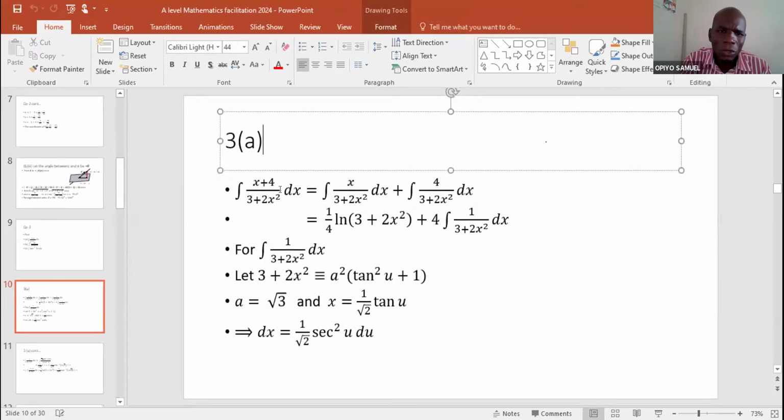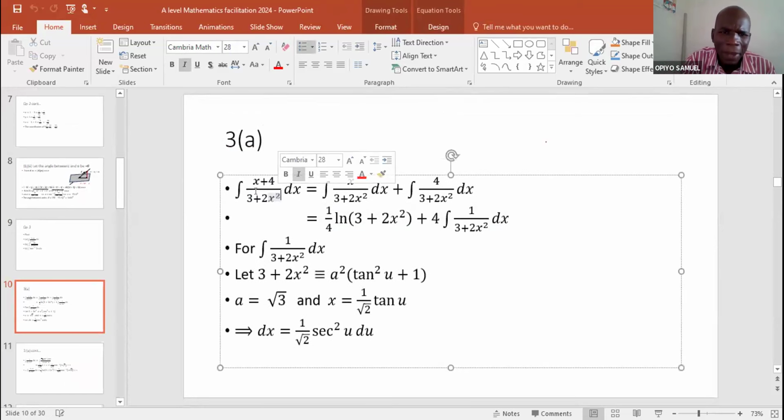So you need first to split the numerator. We shall have x over (3 + 2x squared) dx, then 4 over (3 + 2x squared) dx.